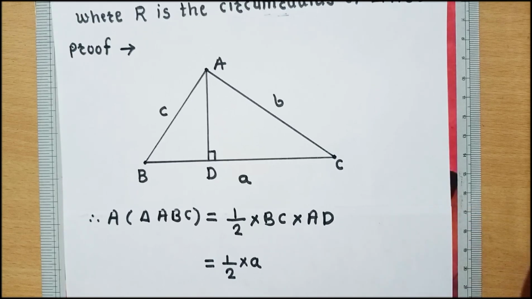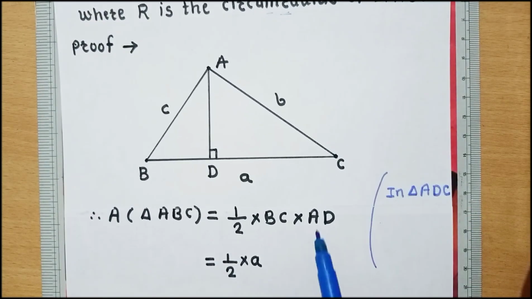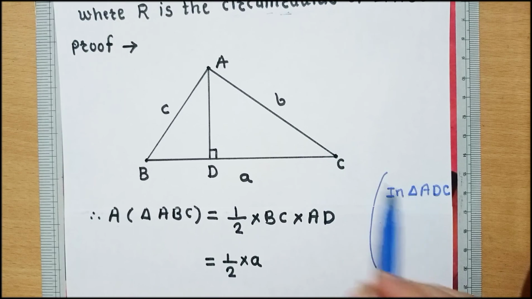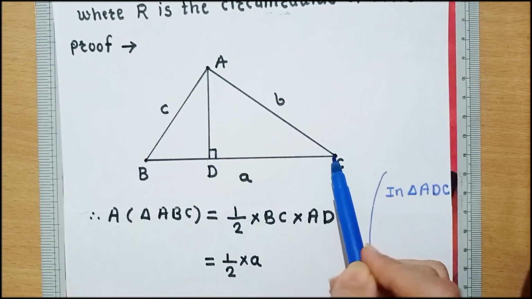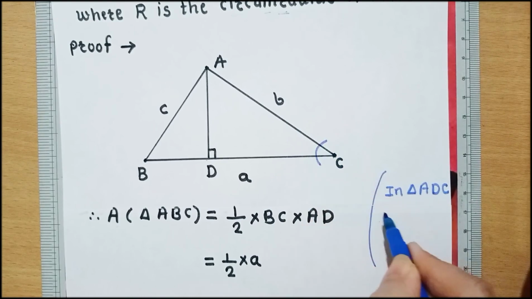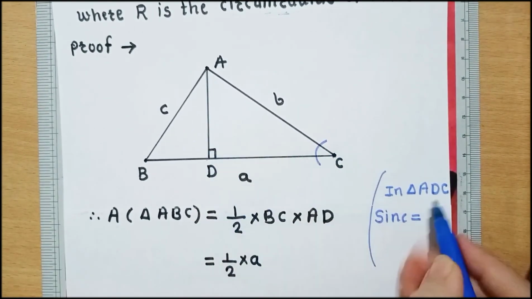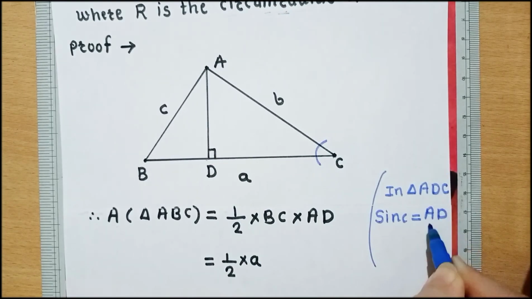So first let's find it here, and for this we will consider this right angle triangle ADC. So here sin of C equals opposite side AD upon hypotenuse b.